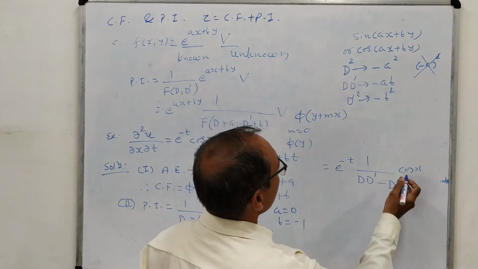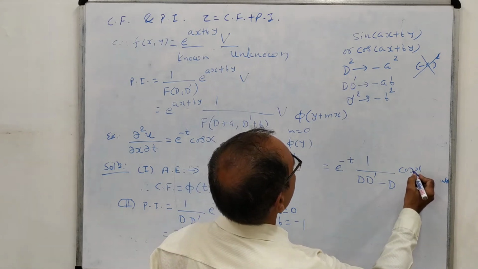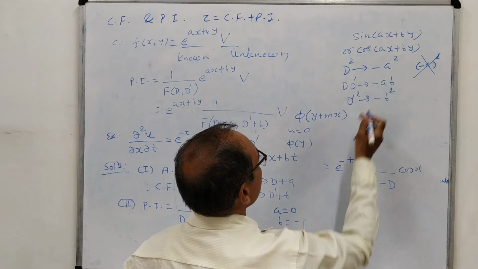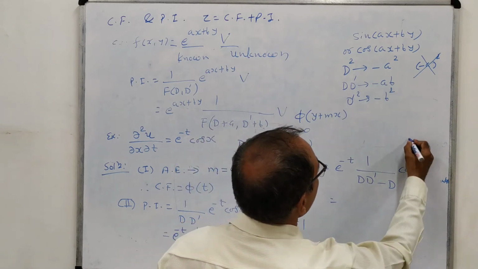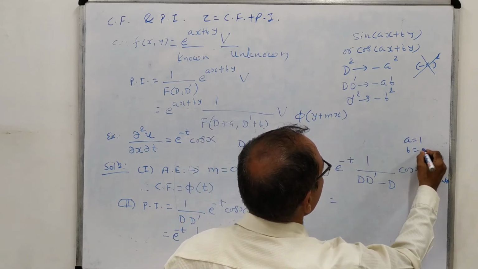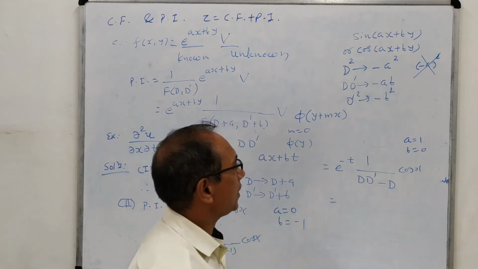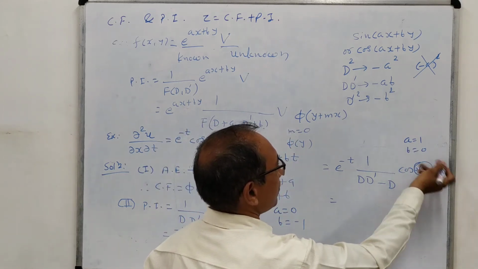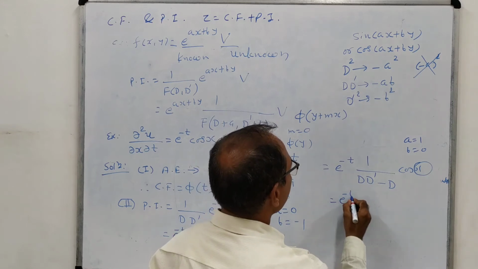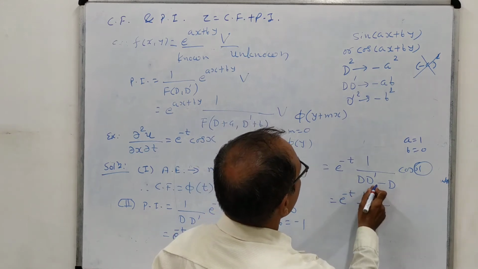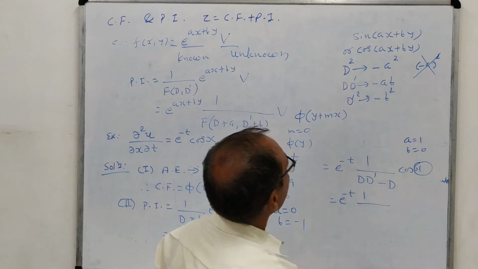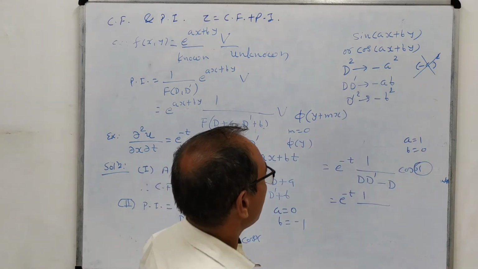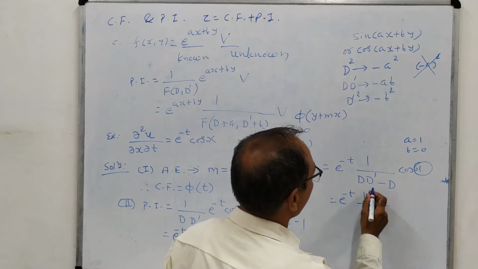Whenever cos ax plus by or sin ax plus by, then we replace D square by minus a square, D D dash by minus ab. So what is here? A is 1 and b is 0, because we compare this with ax plus by, so we get a equal to 1, the coefficient of x, and y is not there. So e raised to minus t, we replace D D dash by minus ab, but ab is 0. So this is nothing but minus D only.